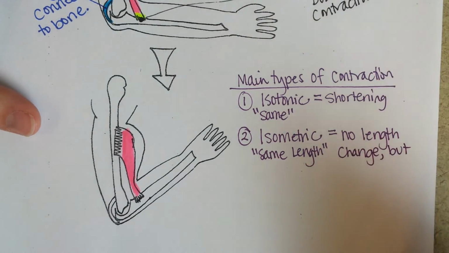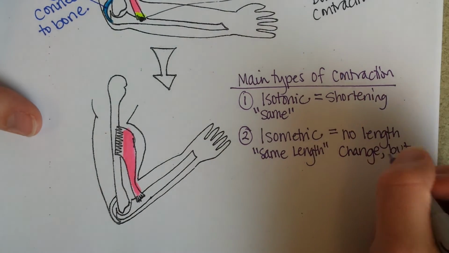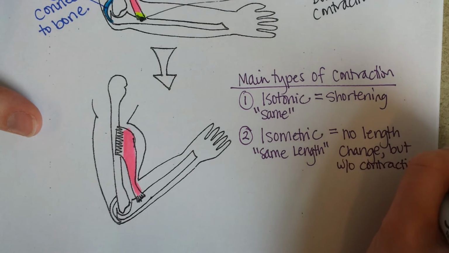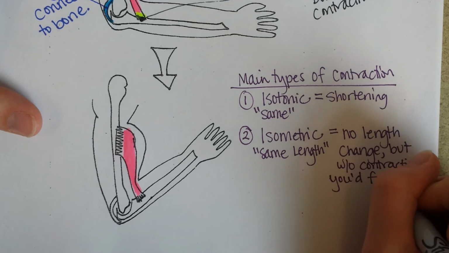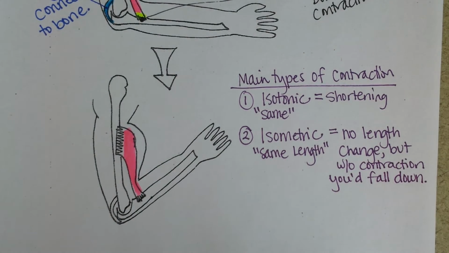But if the muscle were not actively trying to contract, then two bones might crush together or you might fall down. So you'd either fall to the floor, or if you sat against the wall and flexed your quadriceps but they're not changing length, that would be an isometric example as well.